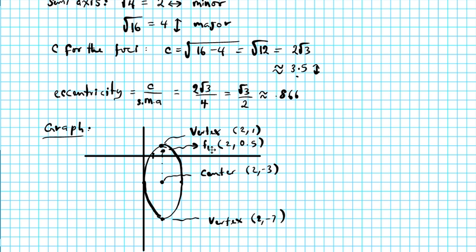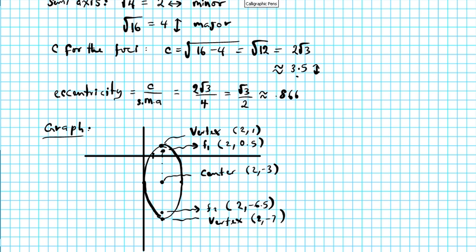And then going down 3.5 units, this is going to be F2. The second focus is going to be 2, and then we're going down 3.5 units, so it's going to be -6.5, because we're subtracting.